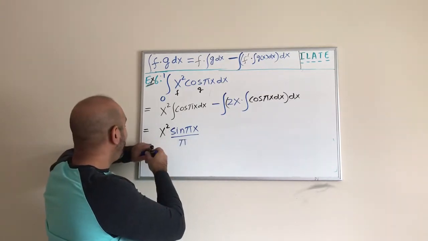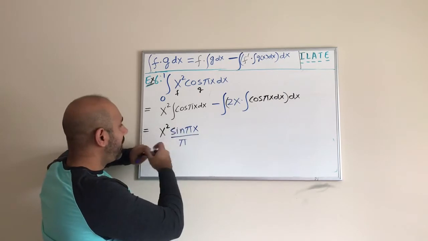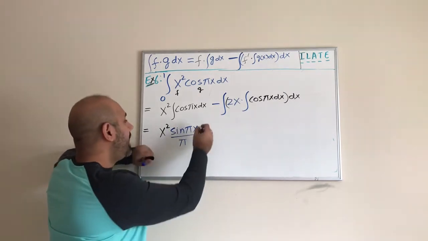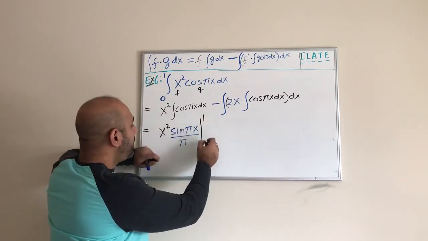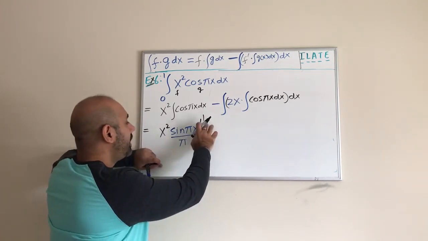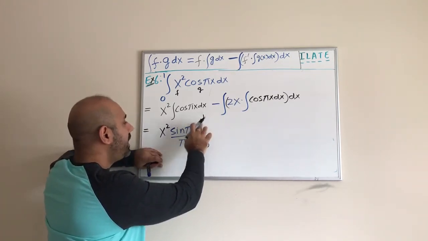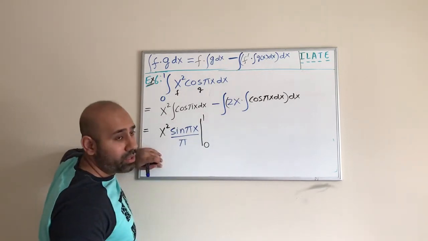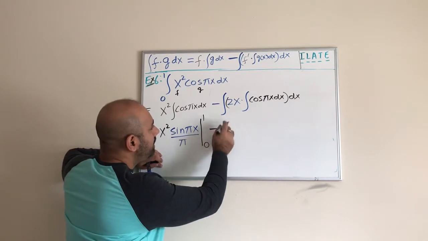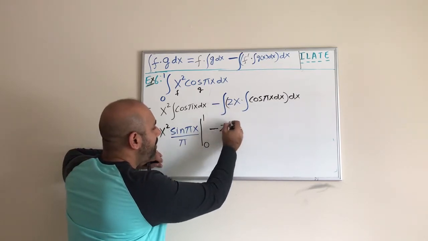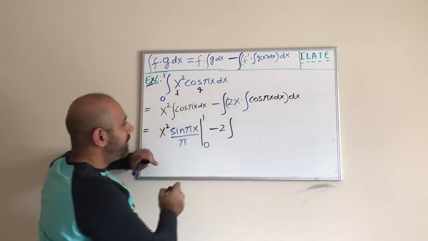Once we evaluated the integral, the integral is all gone, it's taken care of, and then I'm going to start applying the limits. The upper limit is 1 and the lower limit is 0, which means the x value is 1 here, and then the x value is also 0. It's between 0 and 1. Then minus, the 2 we can already take outside, and let us see what is left inside.